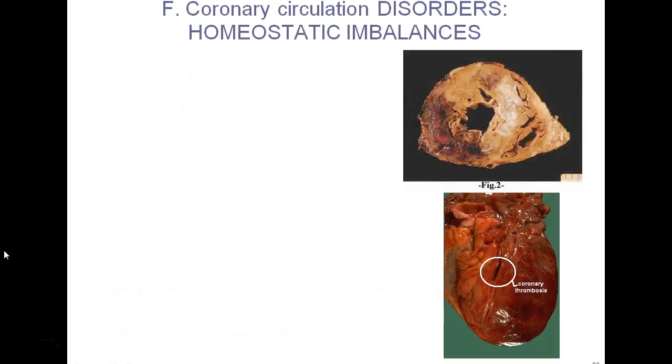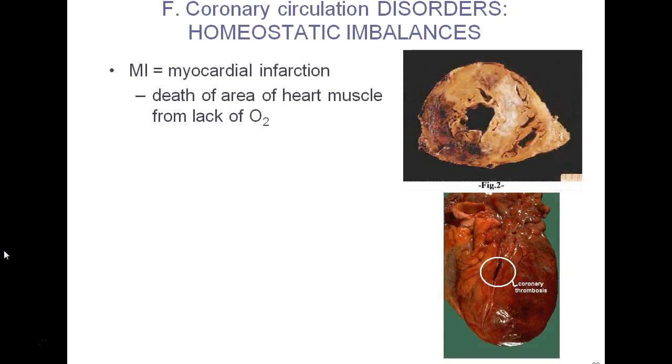Let's take a break and turn our attention to some homeostatic imbalances, some coronary circulation problems. One such problem we see is a myocardial infarction, also more commonly known as a heart attack.